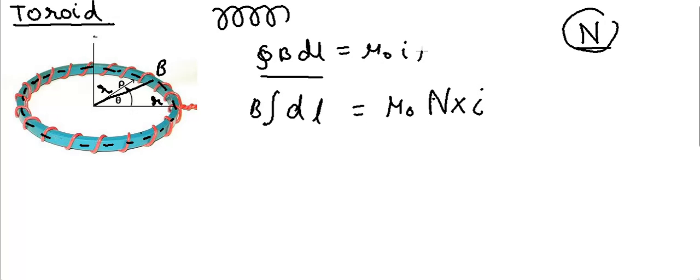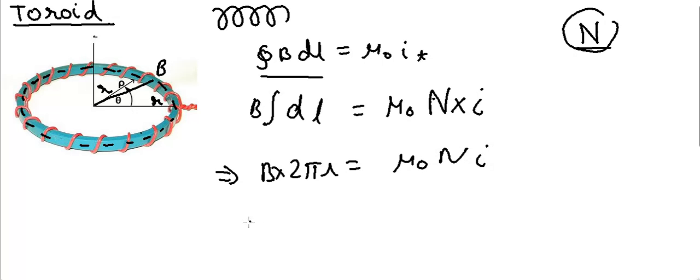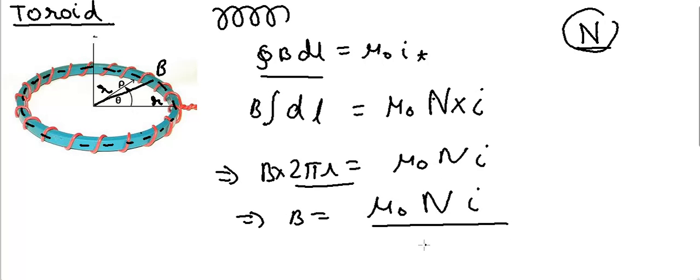On the left, the integral of dl is the total circumference, so B into 2 pi r is equal to mu naught N i. Taking this term to the right hand side, B is equal to mu naught N i by 2 pi r. This is the formula generally used in textbooks.